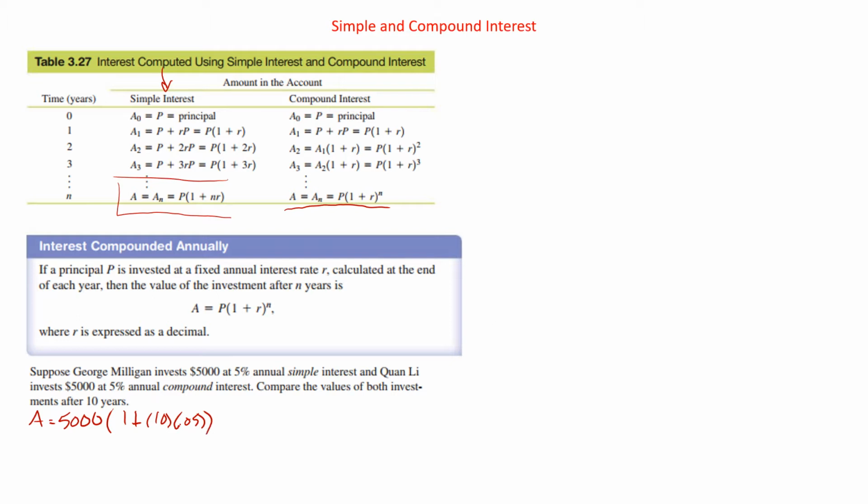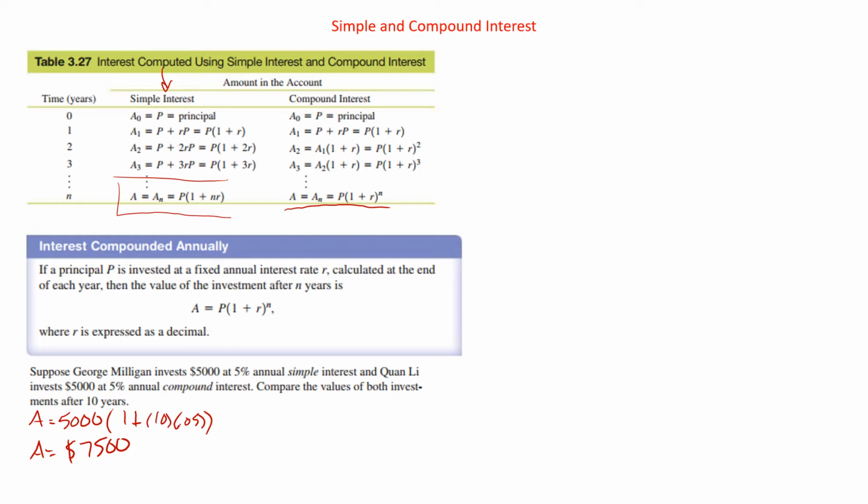And we can do that calculation. 10 times 0.05 is going to be 0.5. 1 plus 0.5 is going to be 1.5 times 5,000 is going to be 7,500. So George Milligan will have 7,500 after 10 years.